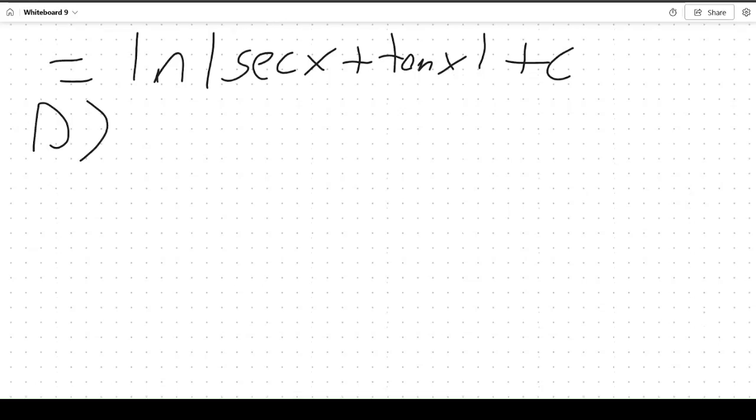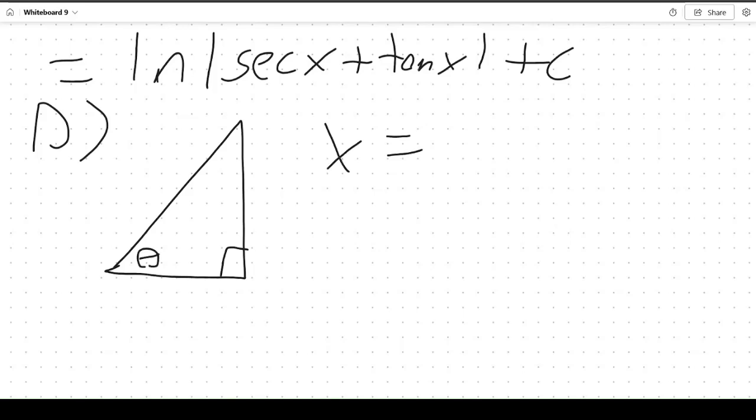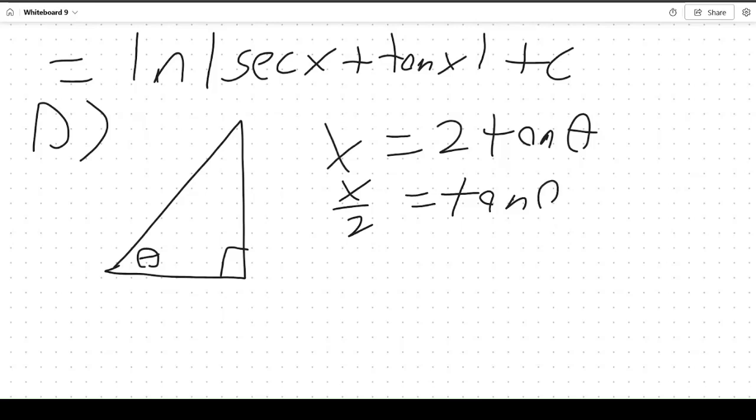And since we have our final values, we have to put in the right triangle again. Let's look back at our x function. So x is 2 tan theta. We can divide this by 2. We are left with tan theta.